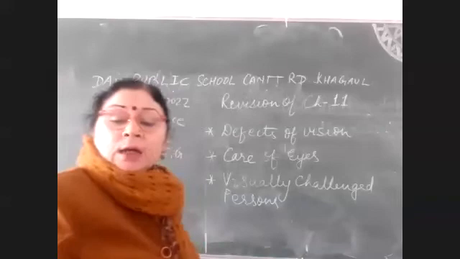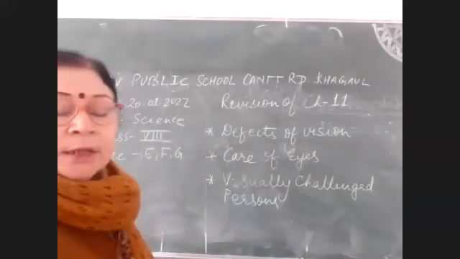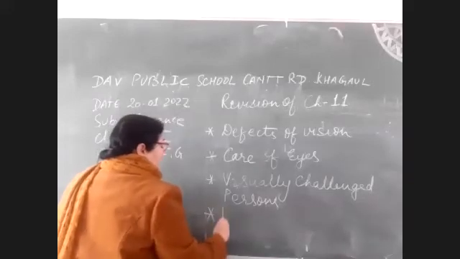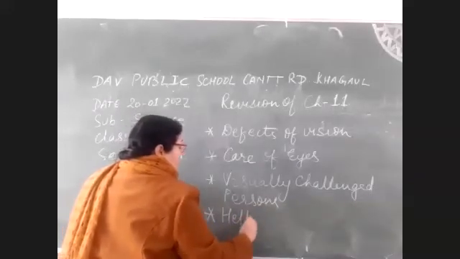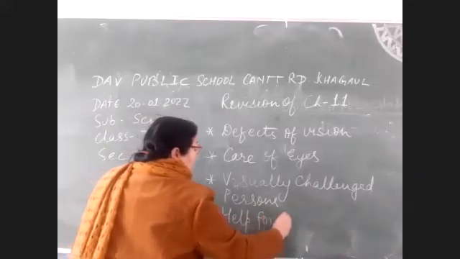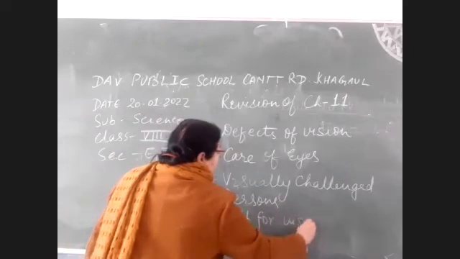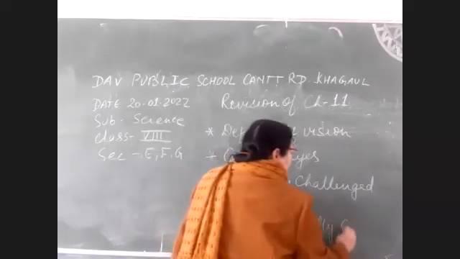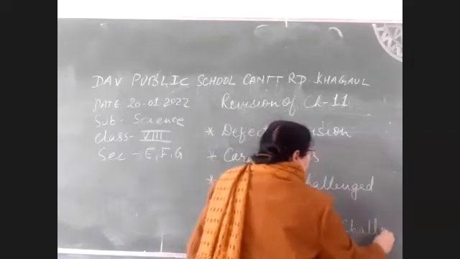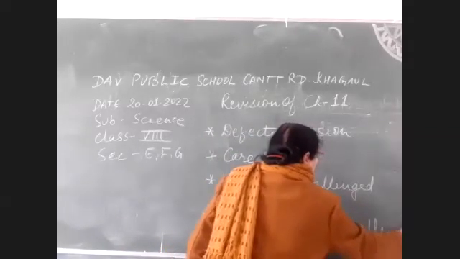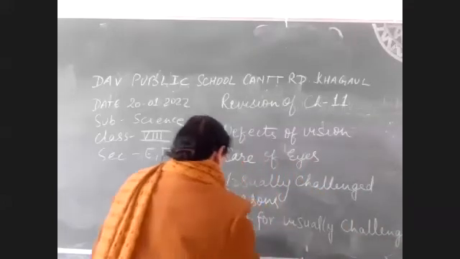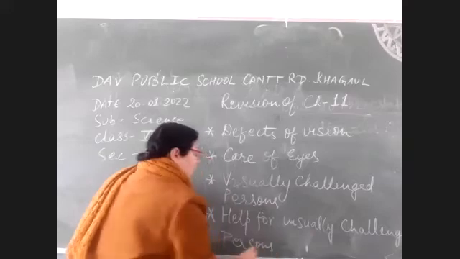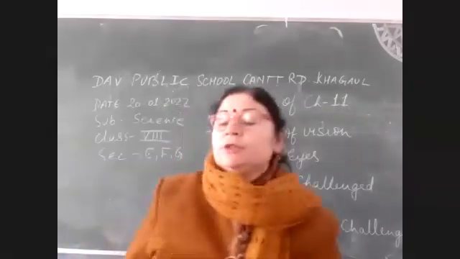So how we are going to help them, that also we have to study. Help for visually challenged persons. These topics today we will discuss in the form of revision.